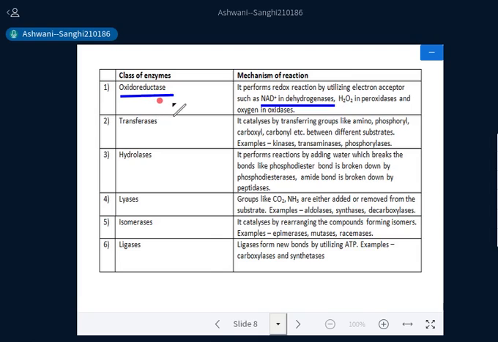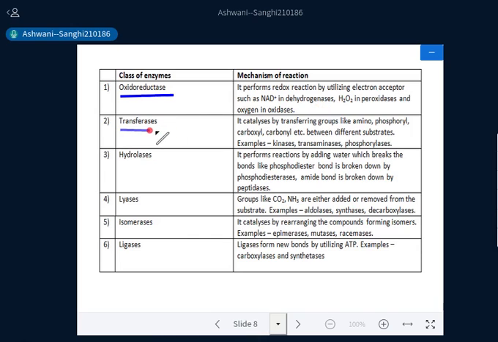So oxidoreductase means all reactions having oxidation and reduction, meaning addition of oxygen or removal of hydrogen, that is oxidation, or addition of hydrogen or removal of oxygen, that is reduction, take place in the class oxidoreductase.